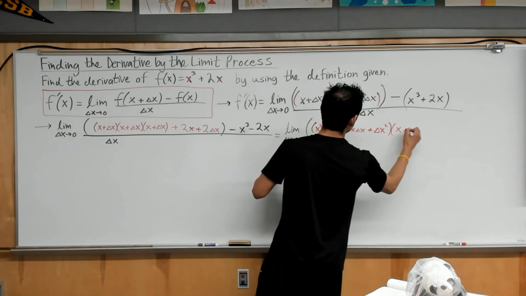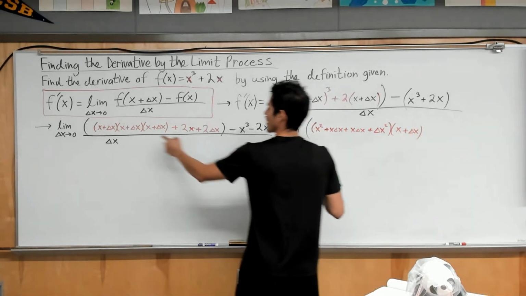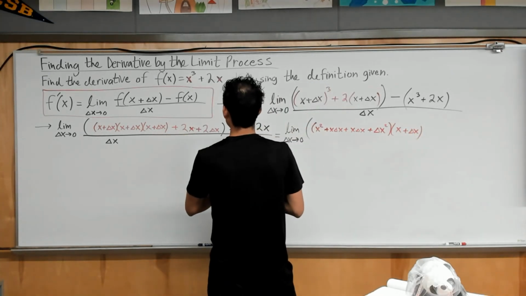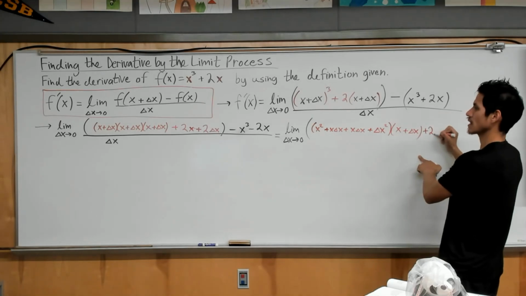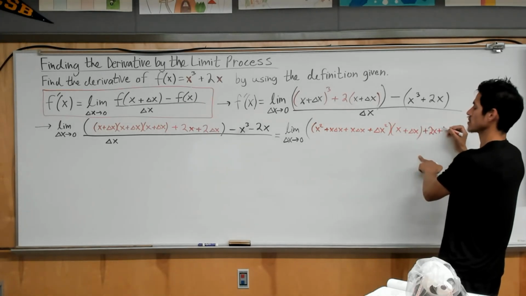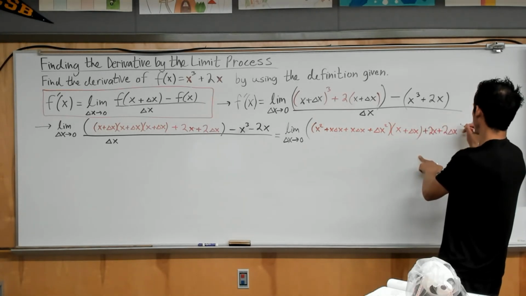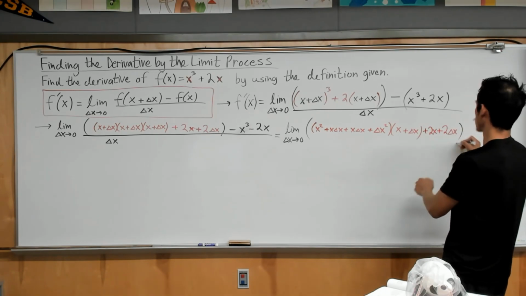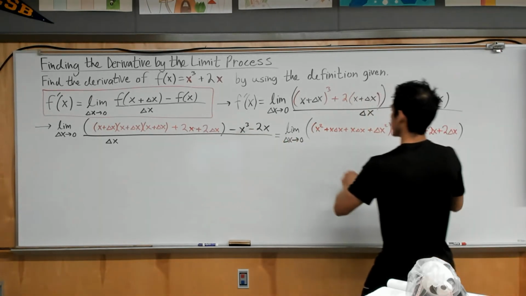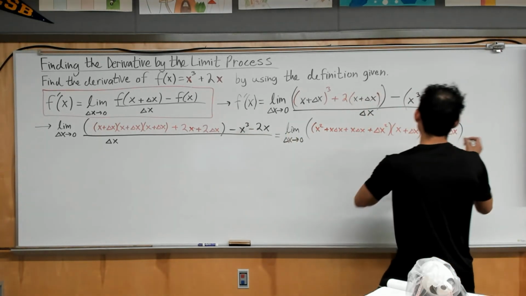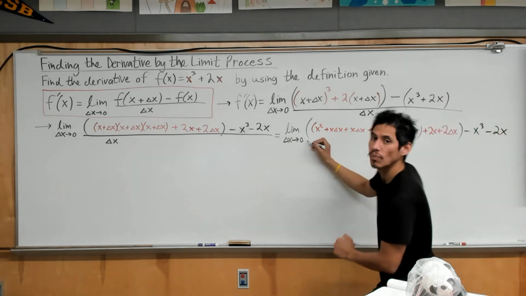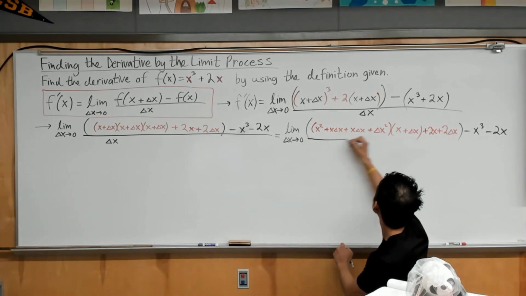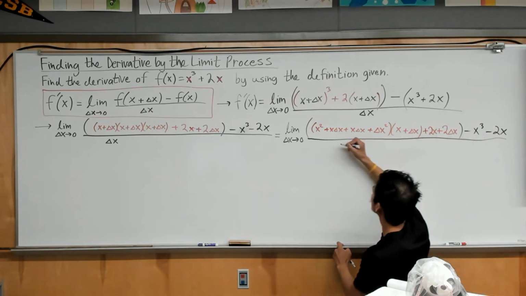That times x plus delta x plus 2x plus 2 delta x. Oh man, I'm going to run out of space. Plus 2x plus 2 delta x, close parentheses, minus x cubed minus 2x. Here we go, I'm going down low. All over delta x.